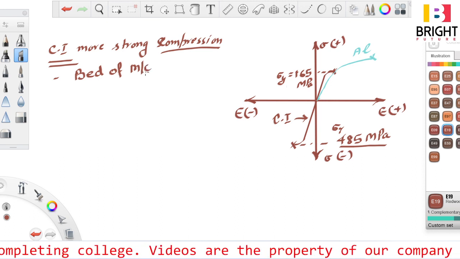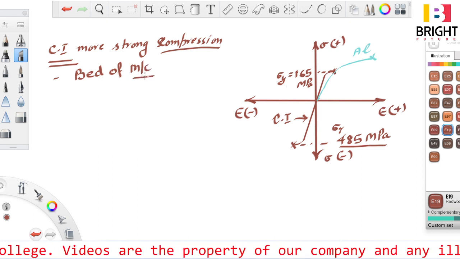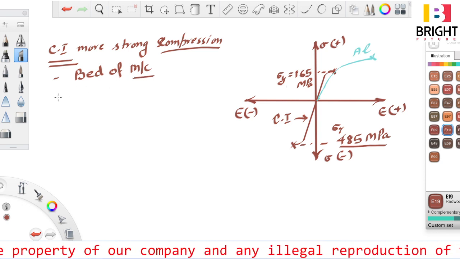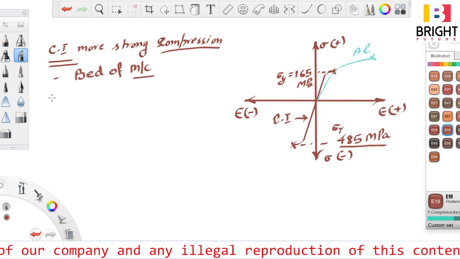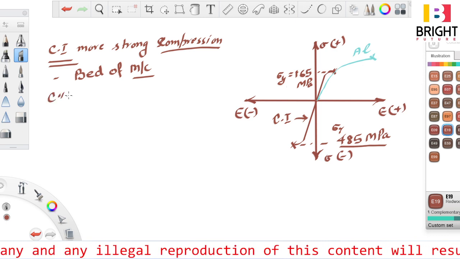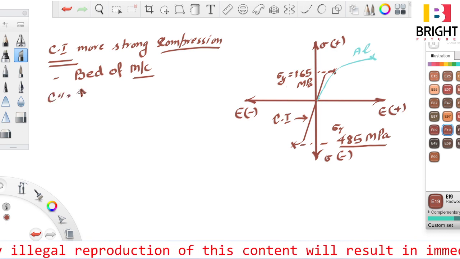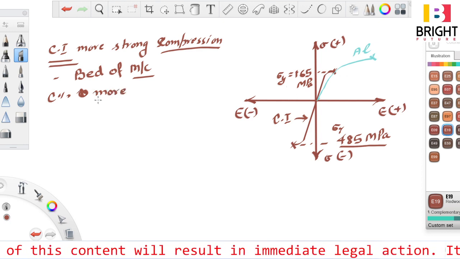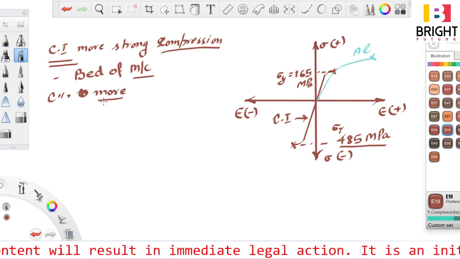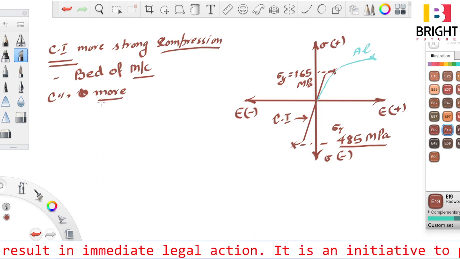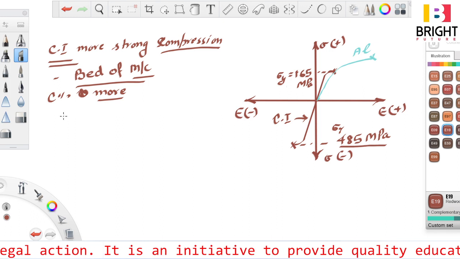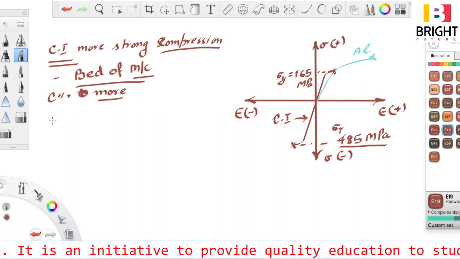For example, the frame of a lathe machine is made of cast iron, right? Because the carbon percentage in cast iron is more, cast iron is a brittle material. Cast iron is strong in compression, and it is used in making beds of the machine tools.